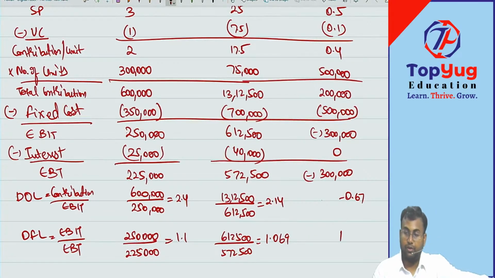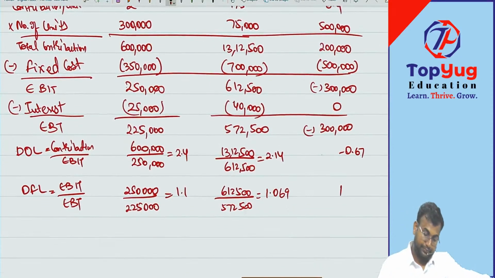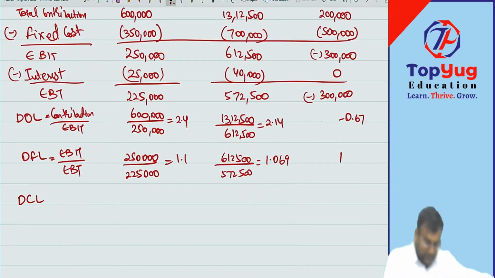Because there is no interest cost, so it will be 1. So DCL is simple, DOL into DFL.